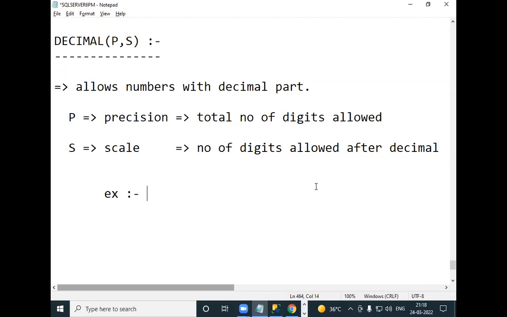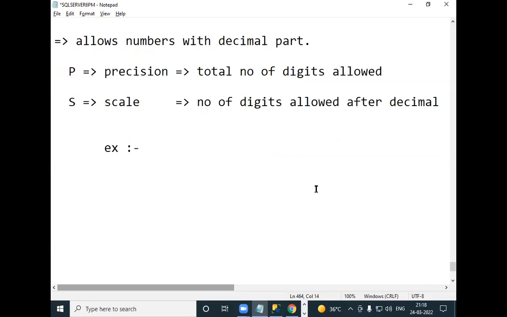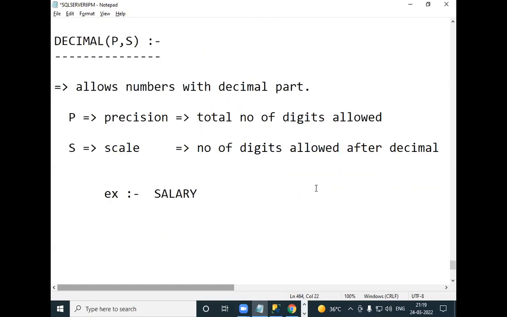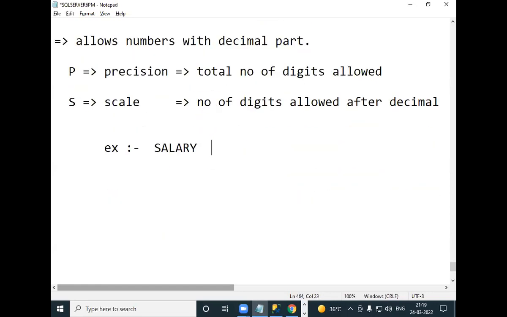Salary: actual salary may be integer type, but you do some deductions, after that it becomes float. Student average, average is 60.59.